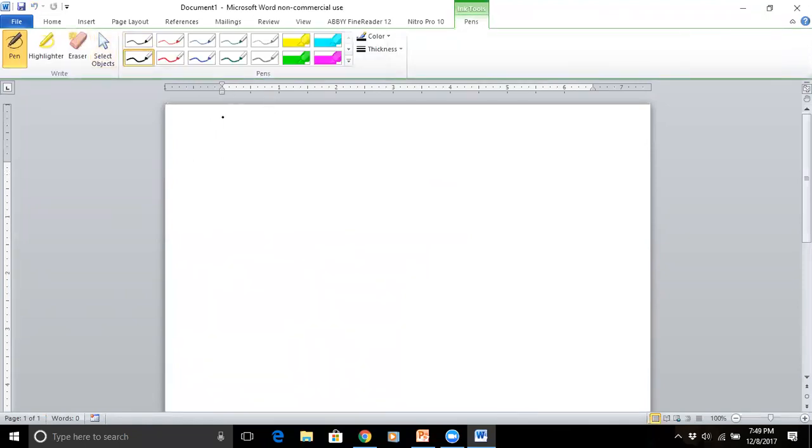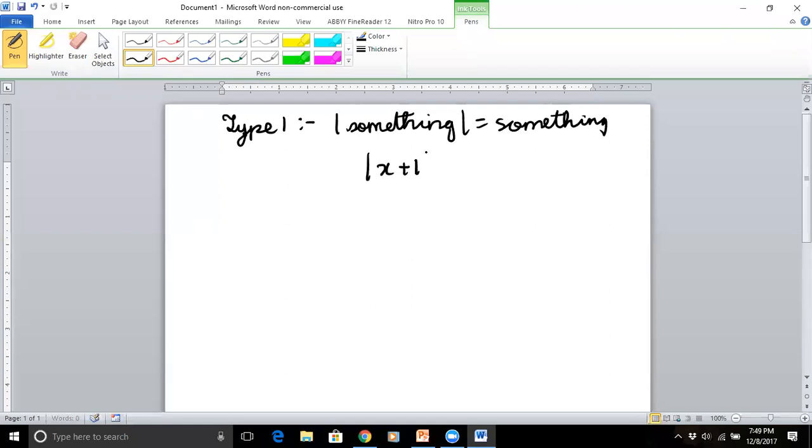The first type of a modulus question, that would be type 1, would be of this form: mod of something equal to something. For example, say mod of x plus 1 is equal to 4x minus 3, right? So the first type of question would be mod on one side, mod of something equal to something.